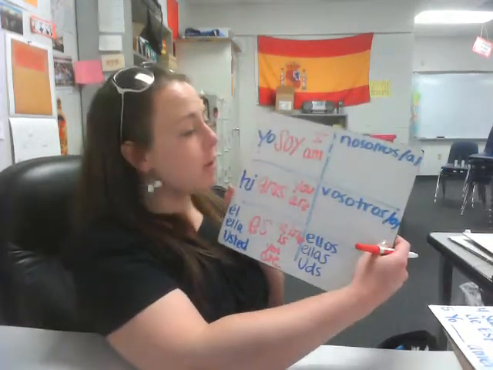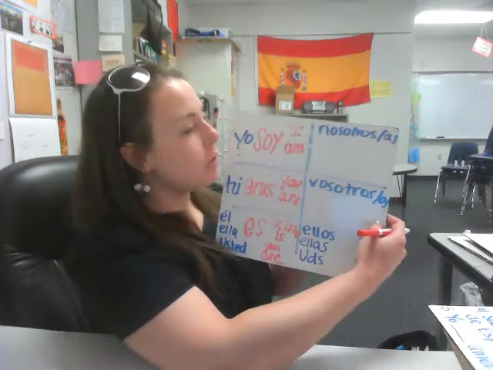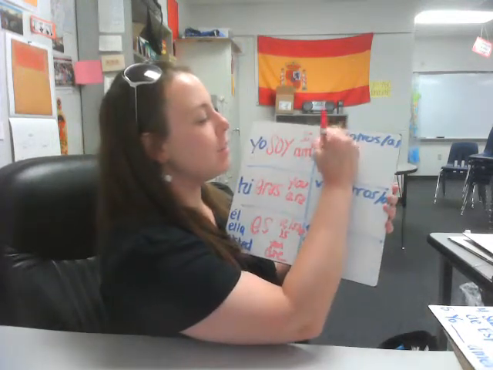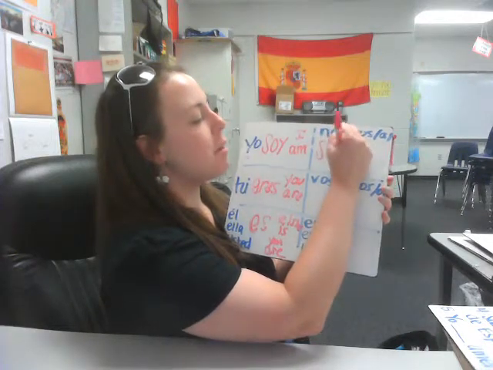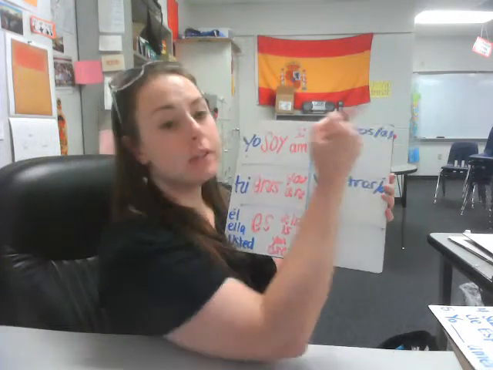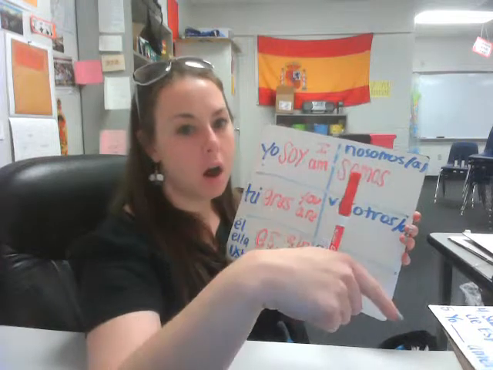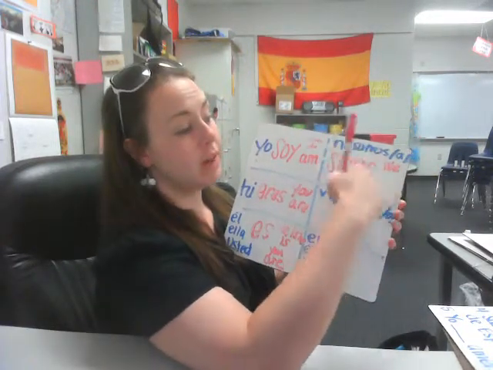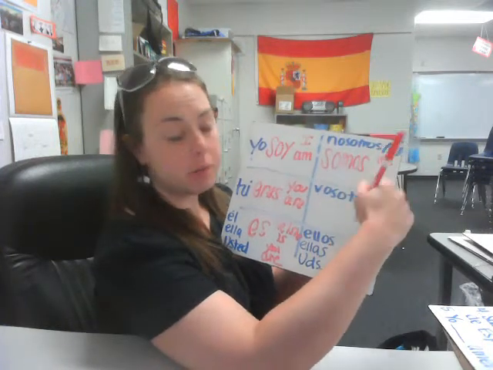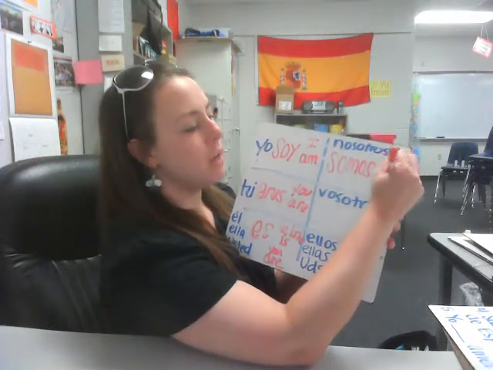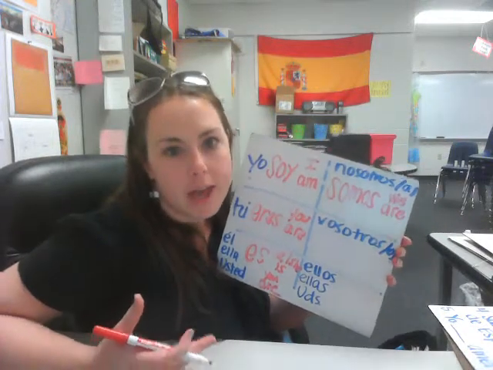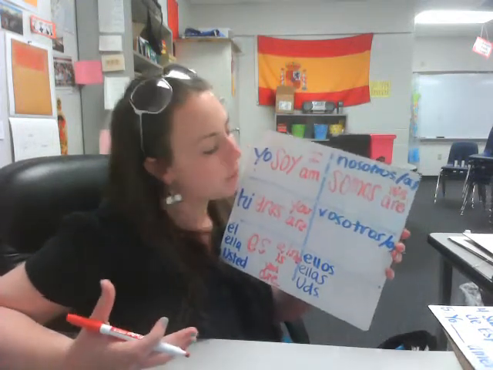Okay, if you were asking me where I was from, that's what you would say. Over here on the right side of my chart, I have the nosotros form, and the nosotros form of ser is somos, S-O-M-O-S. And somos means we are, because I'm talking about myself and others. Remember, this side over here is me and other people, and we are. So I could say something like, nosotras somos de San Luis. We are from St. Louis.